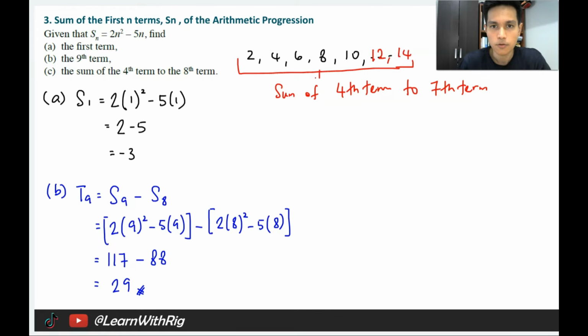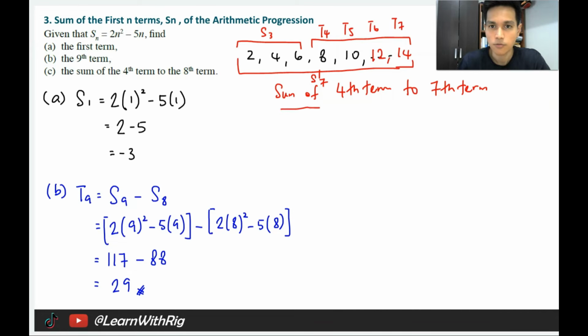Okay, the sum of all 7 terms minus the sum of 3 terms. Why? Because when you take the sum of 7 terms minus the sum of 3 terms, you will be left with the sum of term 4, term 5, term 6, and term 7.